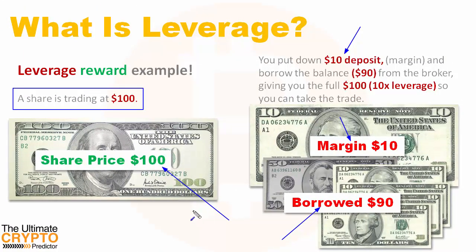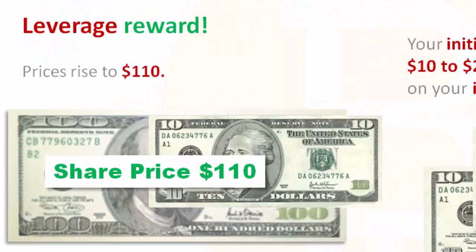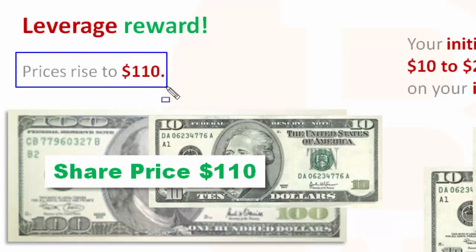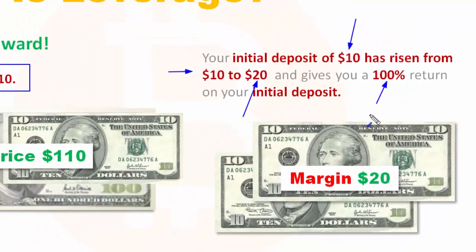And then if the price moves higher to $110, this is where it gets interesting in the power of leverage. Then your initial deposit of $10, because we borrowed the other $90, has increased from $10 to $20. The increase from 10 to 20 is, of course, a 100% return.